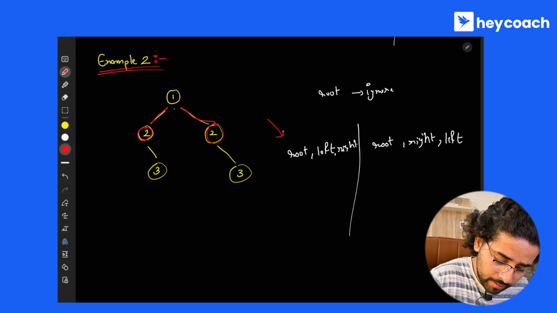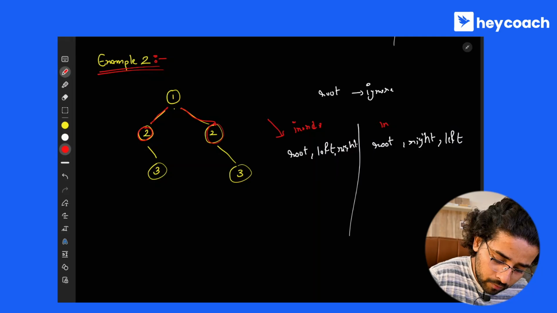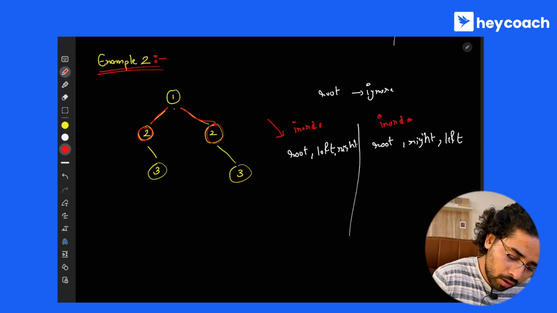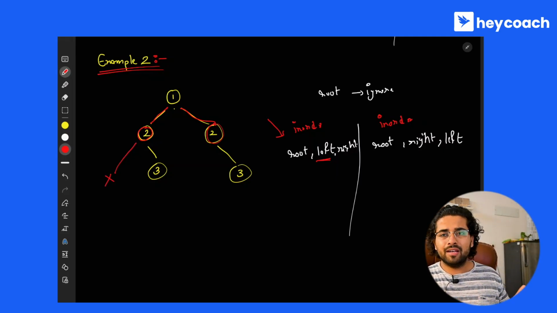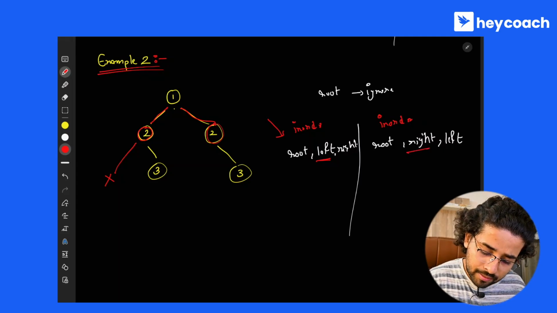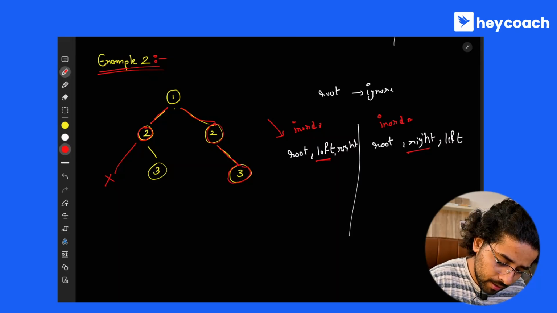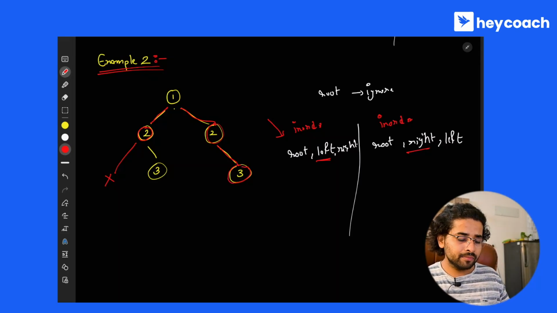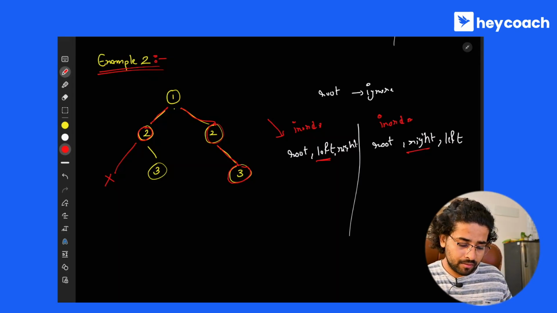Then this statement, this in-order traversal, we are doing two in-order traversals. This in-order traversal will go on the left side and check, no values found. And this will go on the right side and see some values are there.